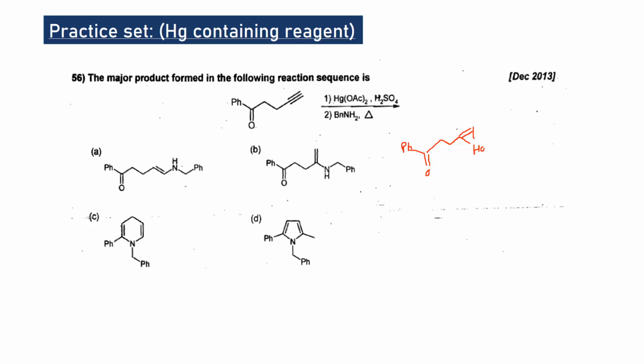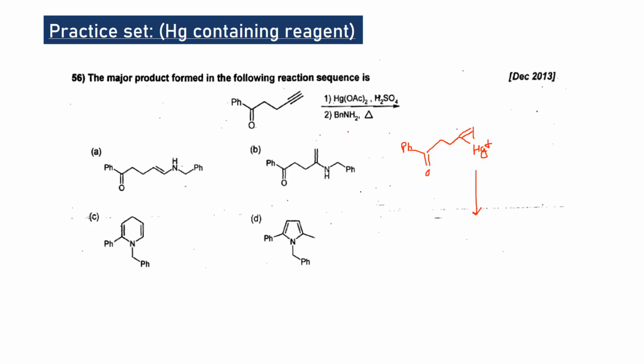Now instead of water they have given benzyl amine. So benzyl amine can attack this cyclic transition state and it will open up. Then the question is, which center will the benzyl amine attack, this center or this center?